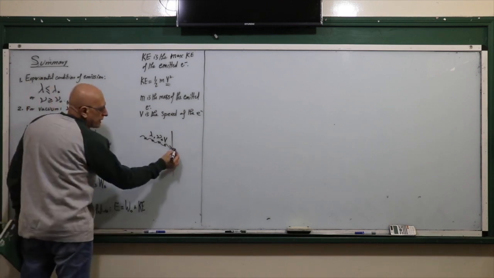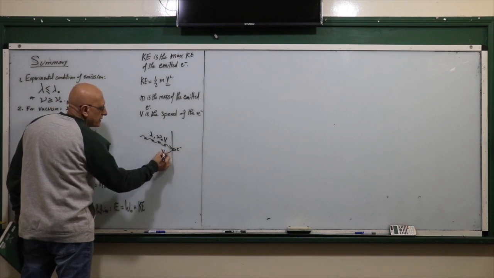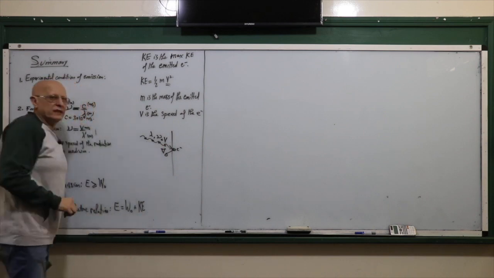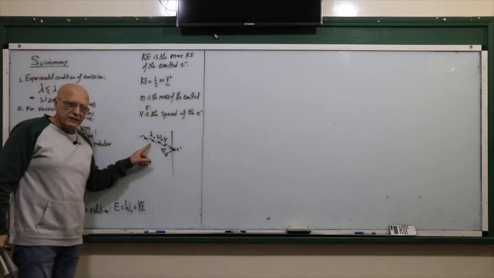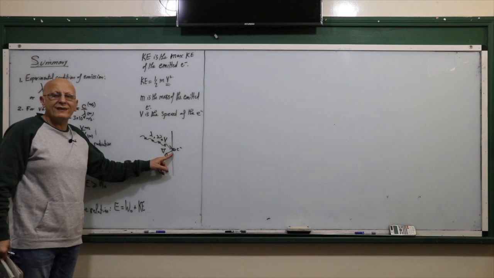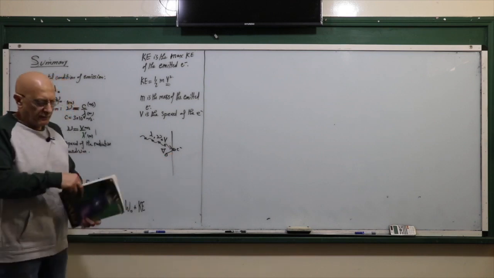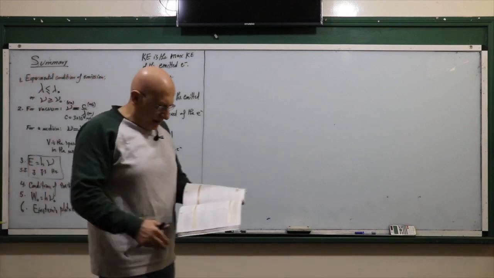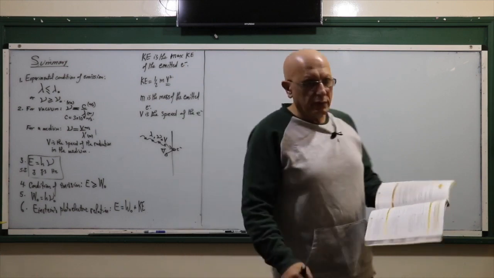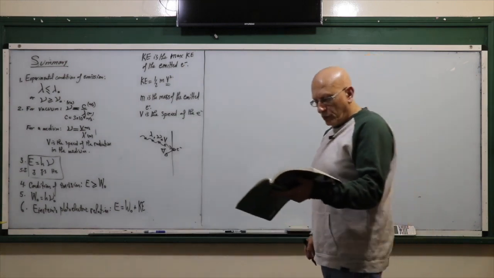The emitted electrons from the metal also have a speed. So you should distinguish between the speed of the radiation and the speed of the electron emitted from the metal. Okay, let's start. I'm going to use your book.